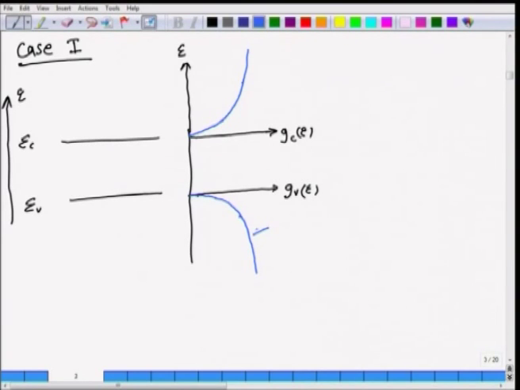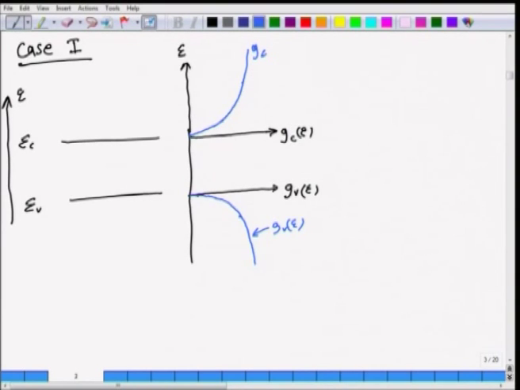So this is the plot of G_V, whose numbers can be read on this axis, and this is the plot of G_C, whose numbers can be read on this axis.